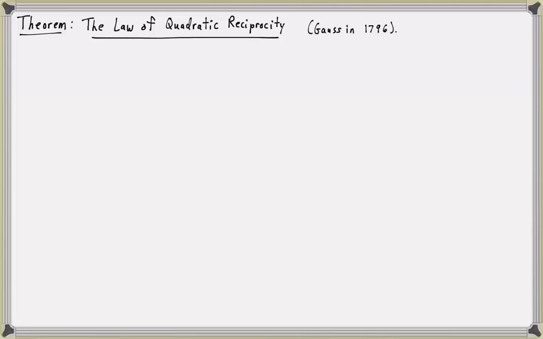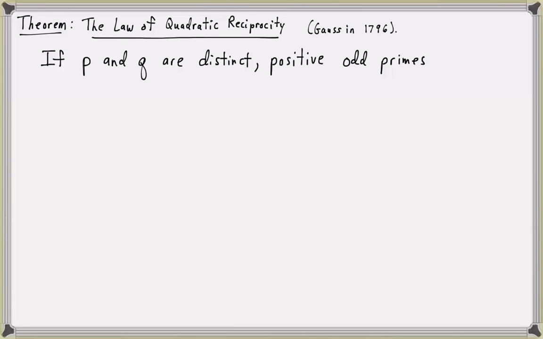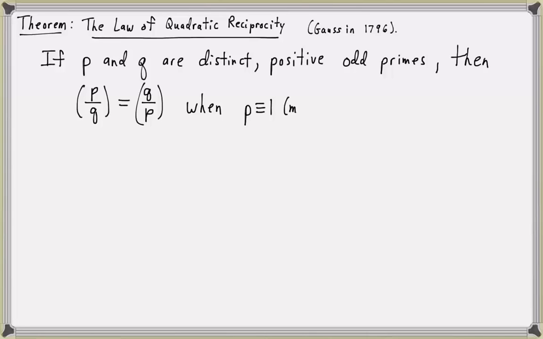So the law says, if p and q are distinct positive odd primes, then the Legendre symbol p over q equals q over p when p is congruent to 1 mod 4, or if q is congruent to 1 mod 4.